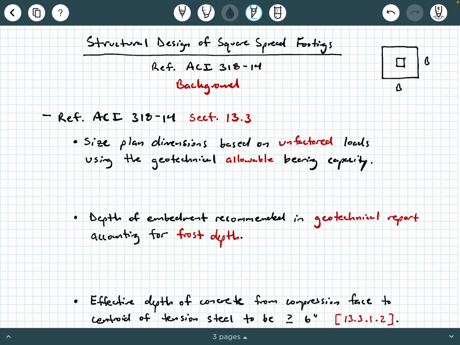Now, we can study more about eccentric loading and applied moments and shears, but for this video, I'm going to be looking at the pretty basic, simple case of a square spread footing with a concentric column with a concentric load going right through the center of it with dimensions B by B.